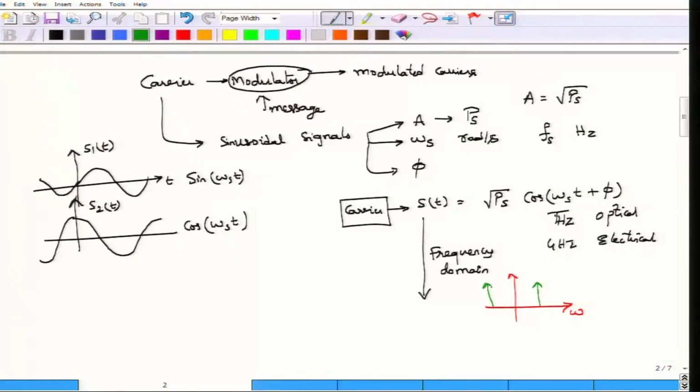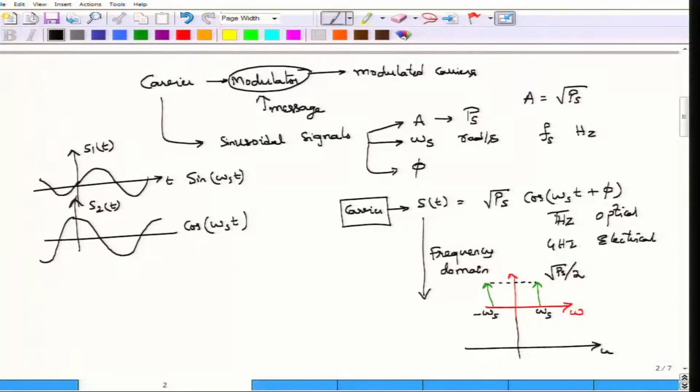Here you have two delta functions situated at the signal frequency omega s and minus omega s. Remember, this is a real signal, so it has a two sided spectrum. There are certain amplitudes to this. The amplitude is square root of P s divided by 2, the same for both sides, and there is a relationship for the phase as well.